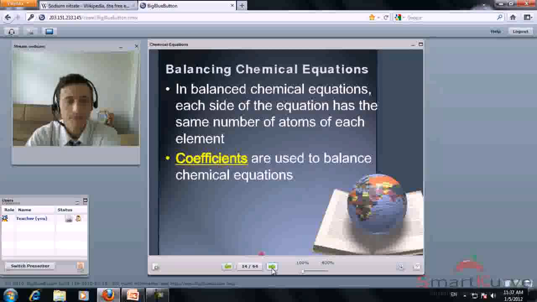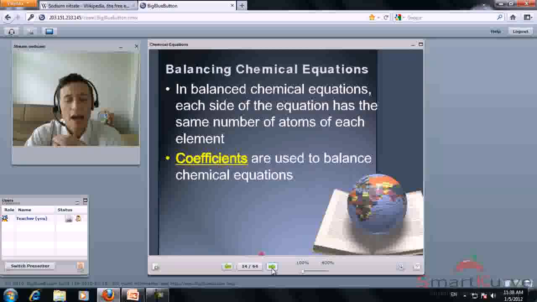Here we go. And this is what we call balancing equations. Remember, again, balance means having the same on both sides. In balanced chemical equations, each side has the same number of atoms of each element. The same in the reactants and the same in the products.